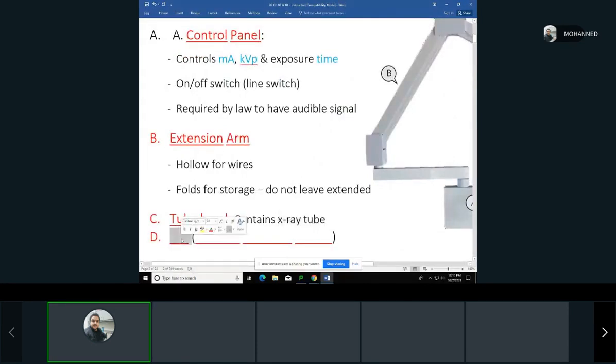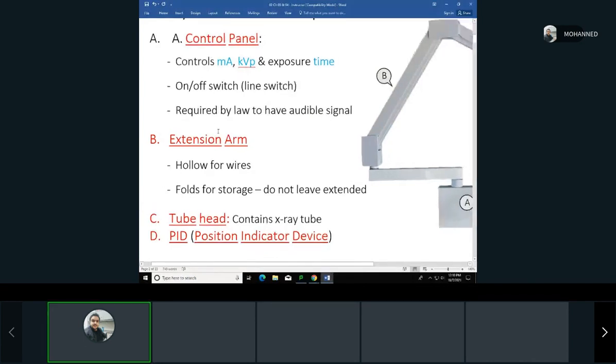And then D is the PID, which is the position indicating device. We already talked about that before in the first exam, and this is just a refresher because we're going to talk a little bit about each part: the control panel, the extension arm, and the tube head.